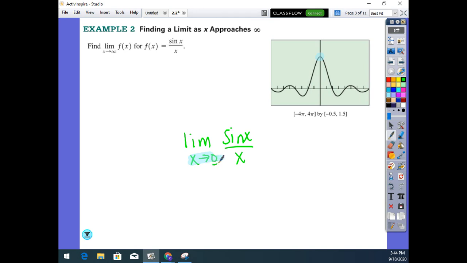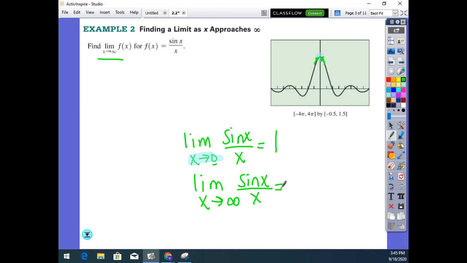When x is 0, this answer is 1 because the y value is approaching 1 from both sides. Now, if we change this, it wants us to look at the limit as x approaches positive infinity for the same function. We're looking at different places, so we're going to have a different answer.